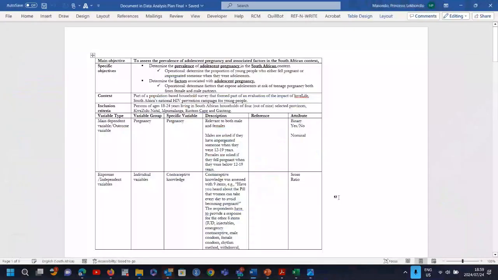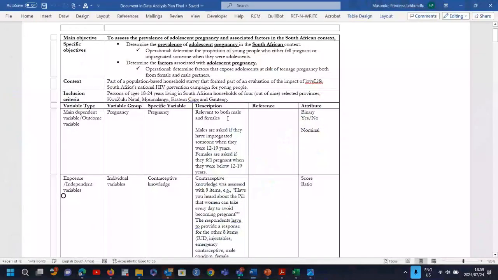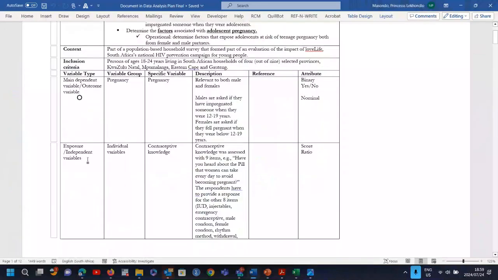So we spoke up until this part. Here, the variable type is where you will be explaining that it's an outcome or a dependent. Most of the variables in this study are the exposure or your independent variables.